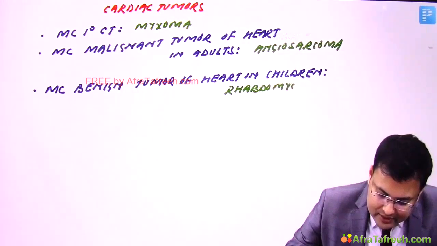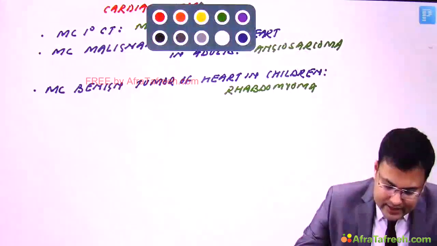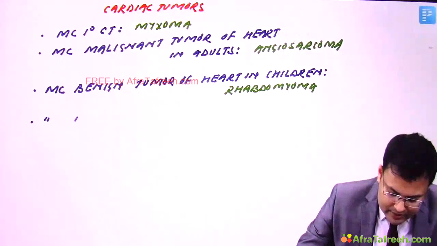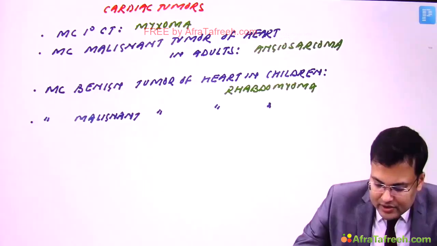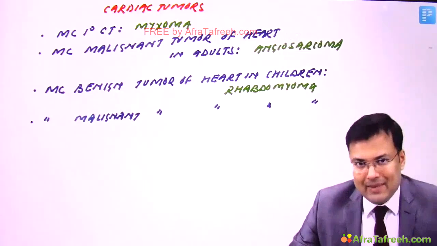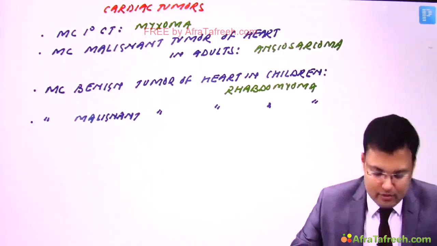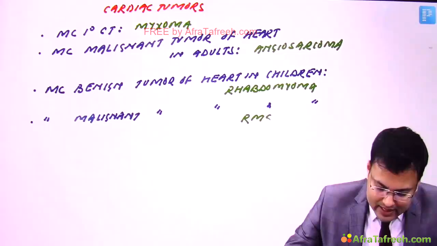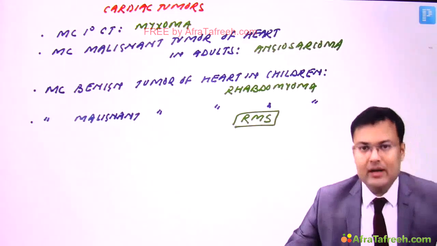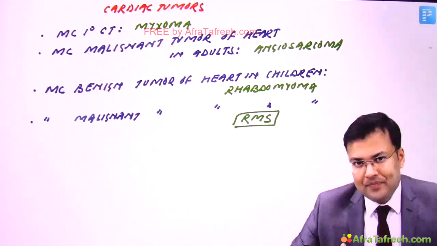And see the second important point, most common malignant tumor of heart in children. Make rhabdomyoma malignant. So this is rhabdomyosarcoma. So in short, it's known as RMS, rhabdomyosarcoma.